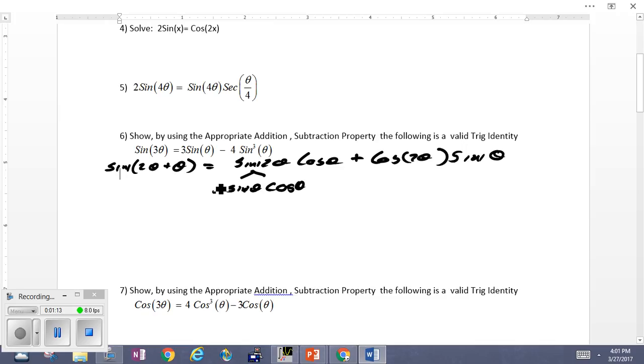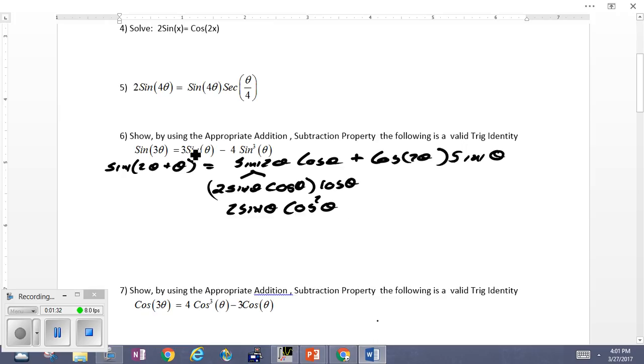And that, of course, is then multiplied by this cosine of theta, which would give me 2 sine theta cosine squared of theta.